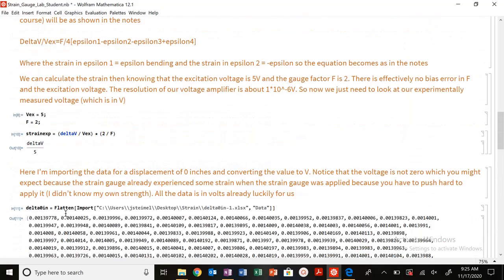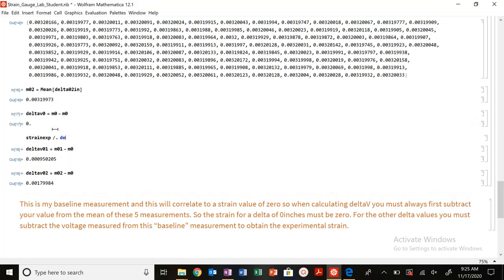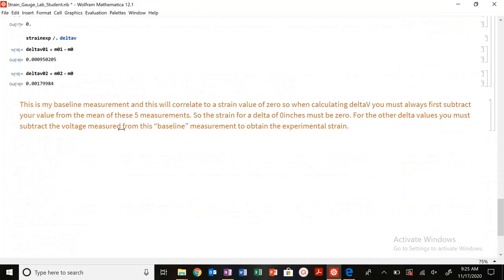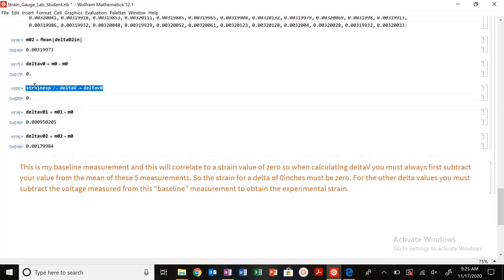I could now plug that into that expression, so let's just make sure of the strain experimental equation up here, in terms of delta V. Delta V goes to this delta V naught, and as we might hopefully expect, that strain is going to be equal to 0.